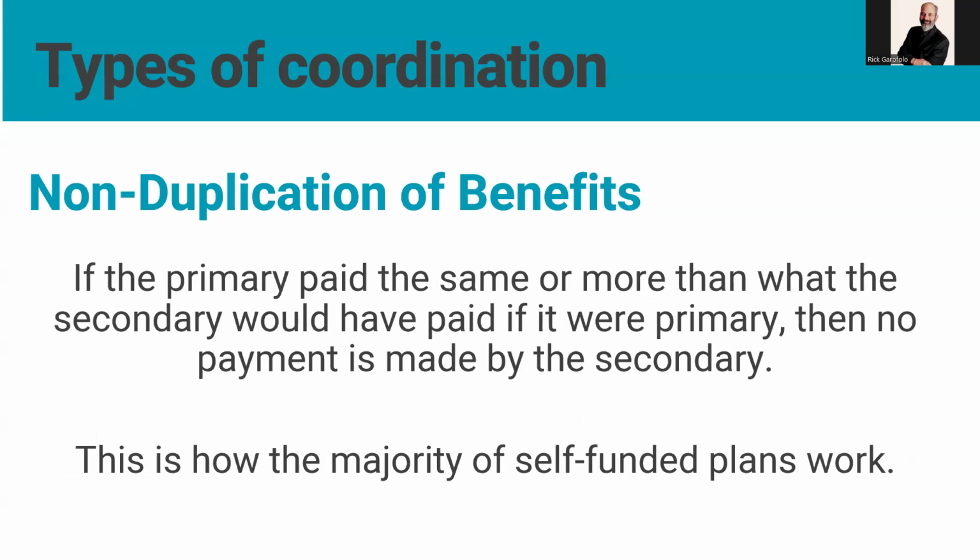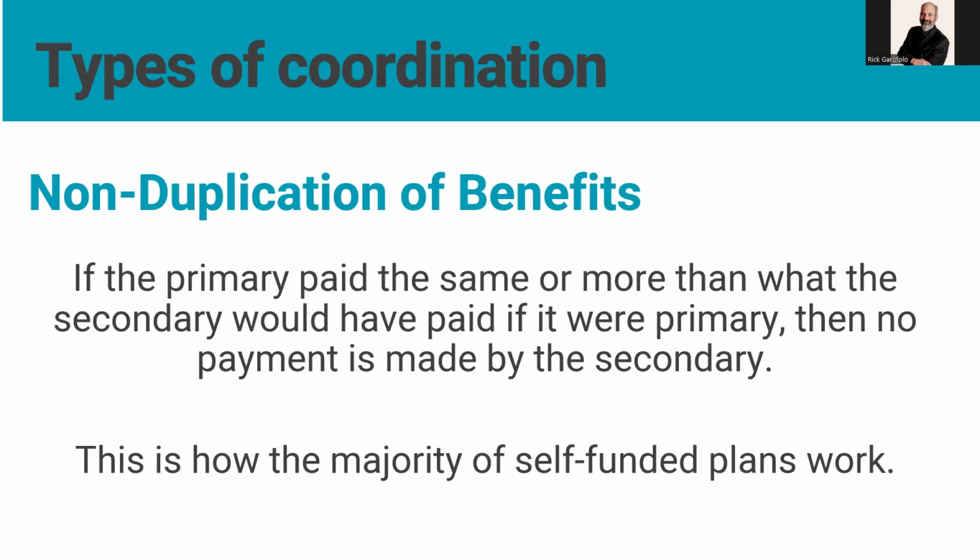Then we have a non-duplication of benefits clause. This is how the majority of self-funded plans actually work. They use a non-duplication clause if they are the secondary that says if the primary paid the same or more than what the secondary would have paid, then no payment is made whatsoever.